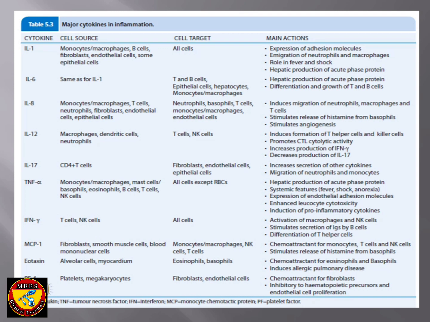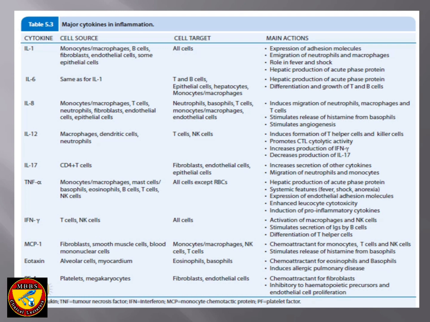So whenever you study chemical mediators, remember which are the major chemical mediators that help in acute inflammation and which are the different chemical mediators that help in chronic inflammation. So in chronic inflammation, we have interleukin 12 because it acts on T cell formation. T cells are lymphocytes, and it increases in viral infections and chronic infections.